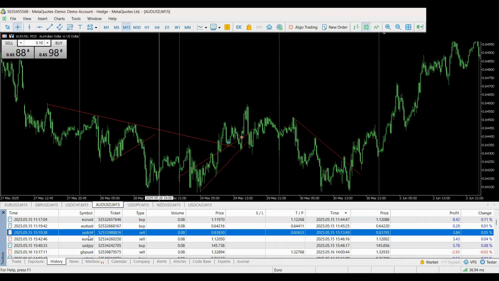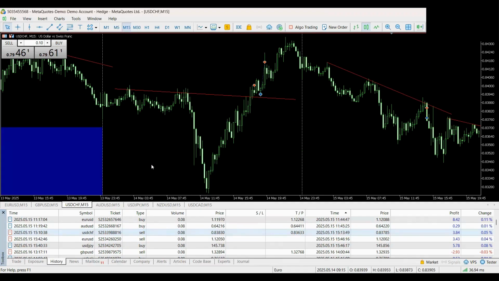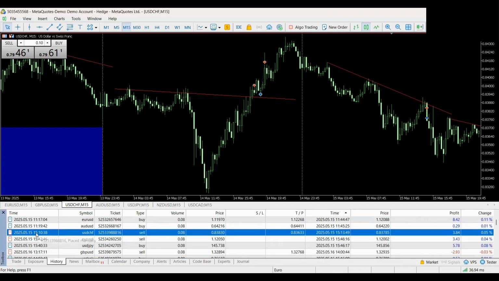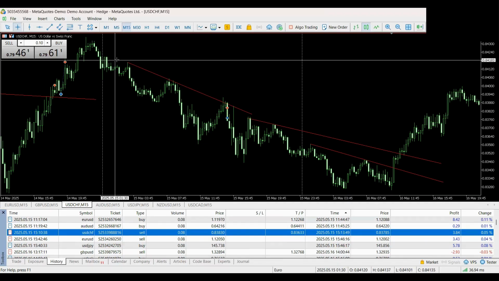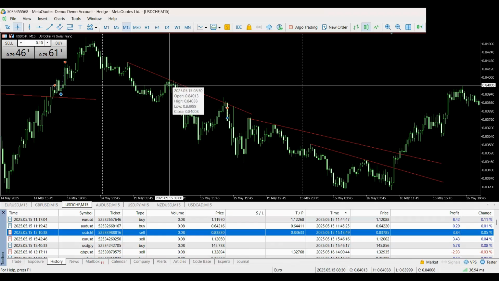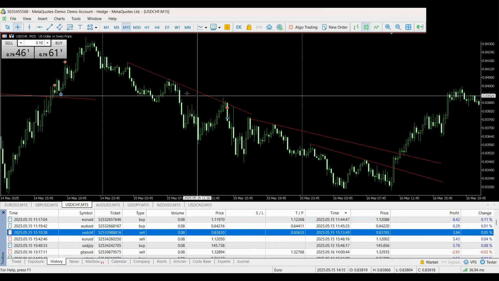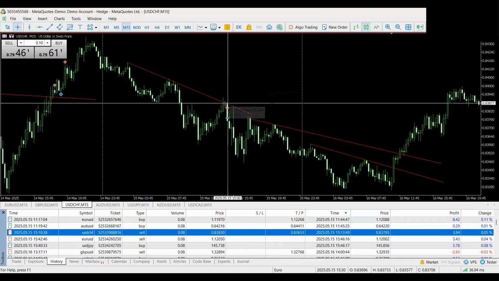Let's go to USD CHF. Okay, so that's the trade on 15.5. This was the second trade I guess on USD CHF. There were two trend lines which were making resistance for the third touch.